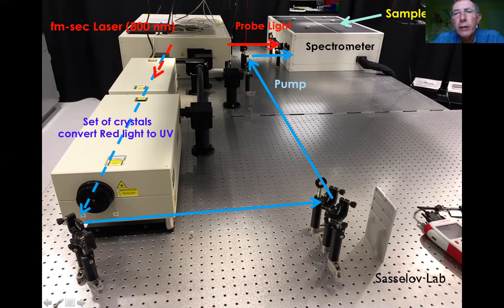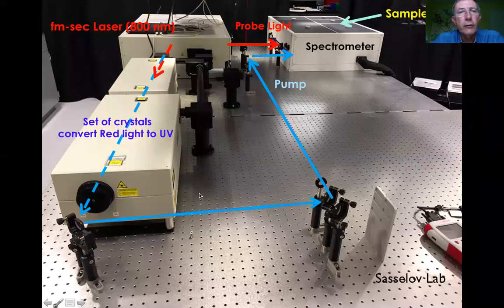This other big box here is the spectrometer. So that's where we get the spectrum. So the really unique and custom-made part of this whole apparatus are these two boxes here. A set of crystals, a lot of BBO crystals, which convert the red light, 800 nanometers, of the pulse laser here into UV light without destroying the pulses.